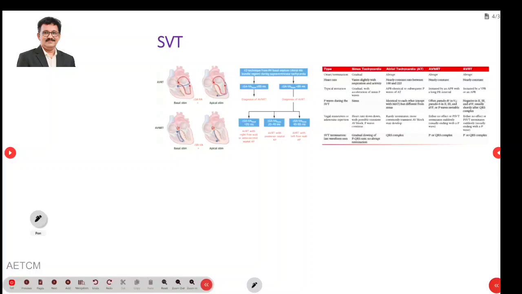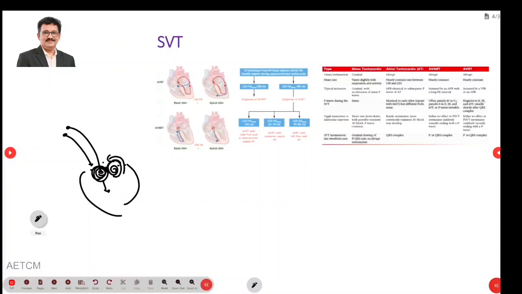Now SVT we have already discussed. It's a rhythm originating above the ventricle. So it can be here, or an AV nodal re-entry, or an AV re-entry. All these things can sometimes produce tachycardia. Re-entry means the current which is produced from the SA node will go to the AV node. Sometimes, instead of going this side, it will loop inside the node. That is AV nodal re-entry tachycardia. Sometimes it will loop from the atria to ventricle.